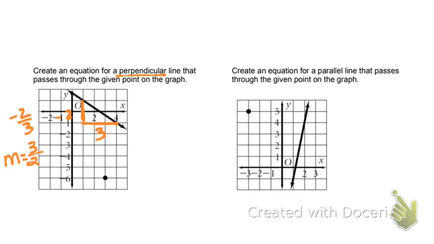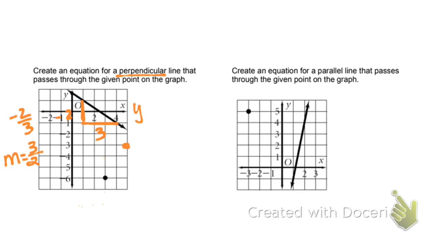Okay, so they gave us the point. I could graph it, but I'm not going to have enough room, because I can go up 3, 1, 2, 3, and over 2, but I can't really go down 3 and over 2. It's kind of off the graph. So in order to find my y-intercept to write my equation, flashback to yesterday, I have a slope and I have a point, so I'm going to put it in point-slope form.